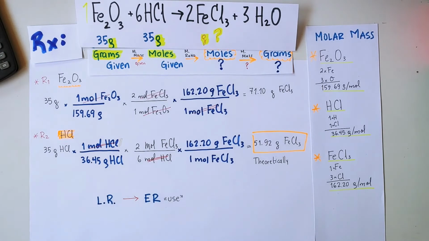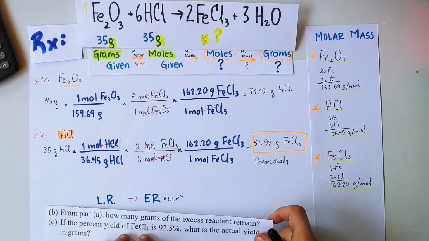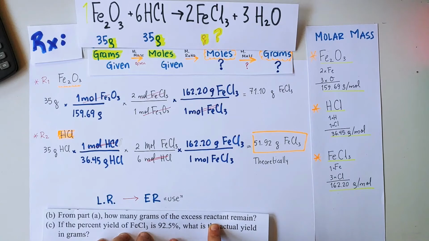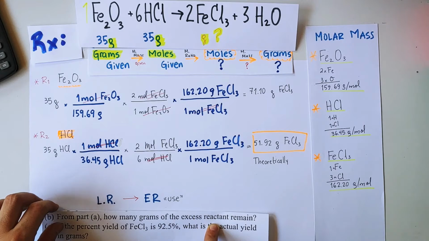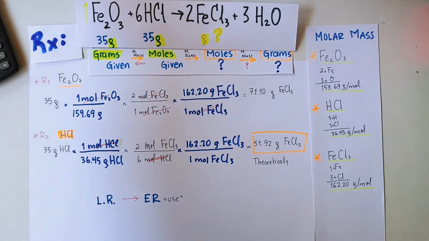So this question is related specifically with the excess reactant. I need to know how many grams of excess reactant remain, and that tells me that I have to keep using stoichiometry.